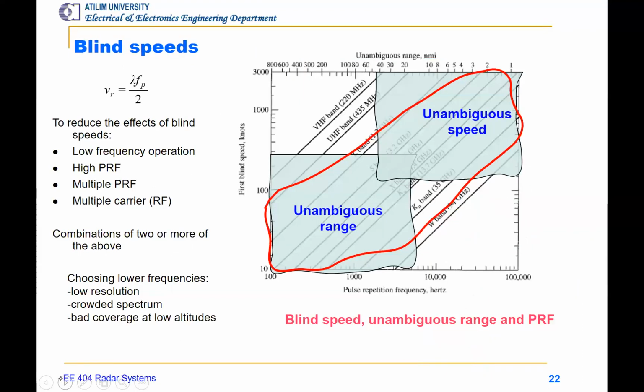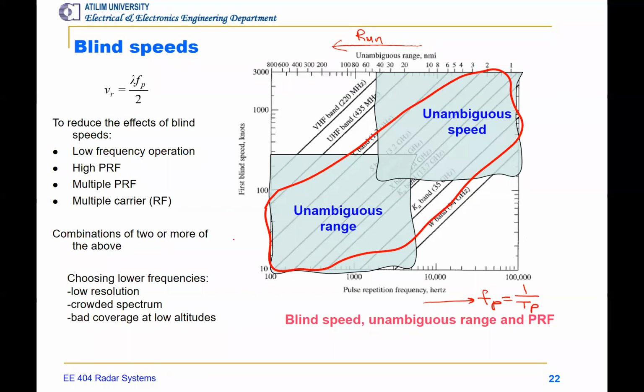Here we see a graph which is very important for understanding range and speed ambiguity. Here is the unambiguous range. This is a 3-parameter graph, by the way, so be careful. Here is the PRF, which is 1 over PRI.